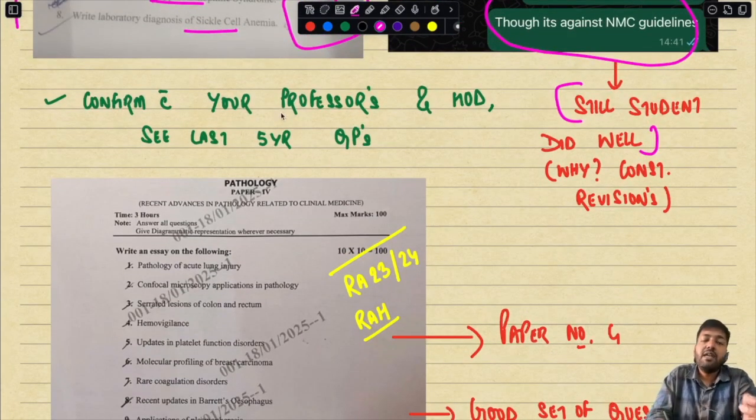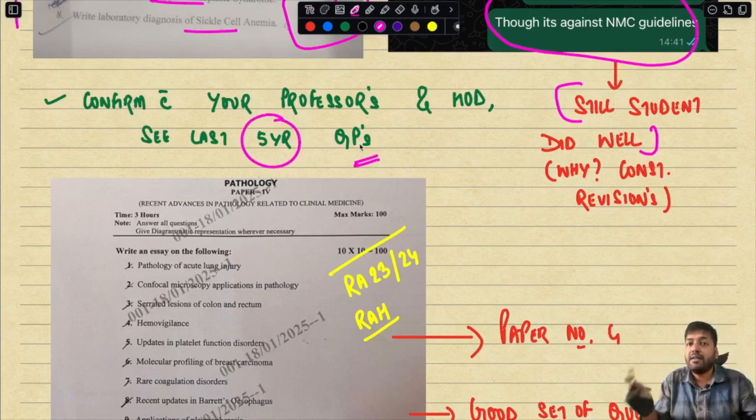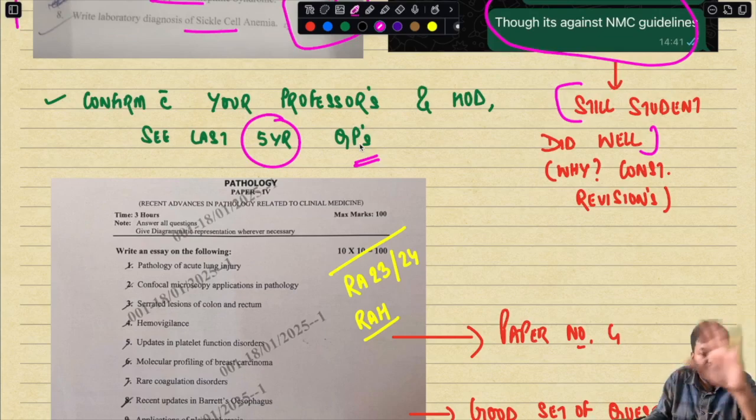That is why we have always maintained that you should see the last 5-year question papers to see the pattern, what is coming where. Once you look at the pattern, also ask your HODs and professors. Remember, all the universities across the country are not following the NMC guidelines completely.